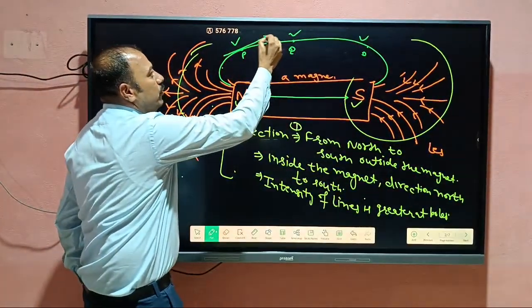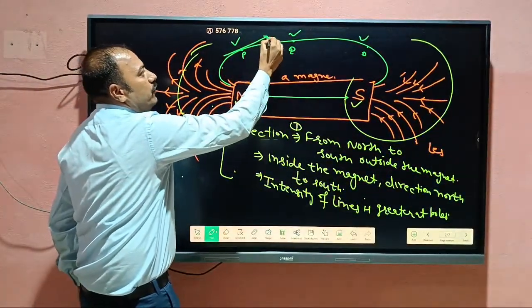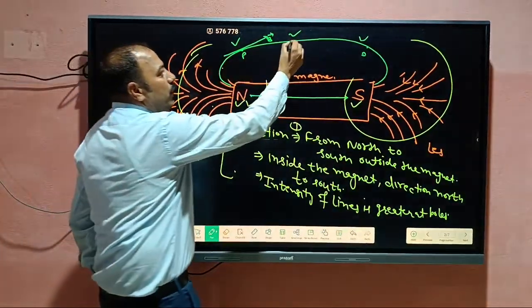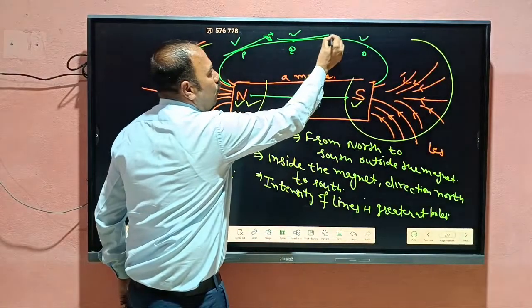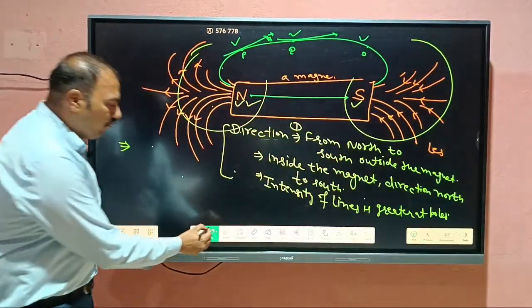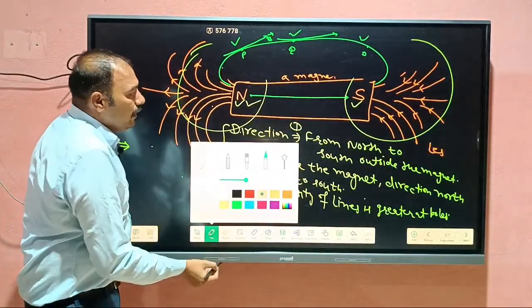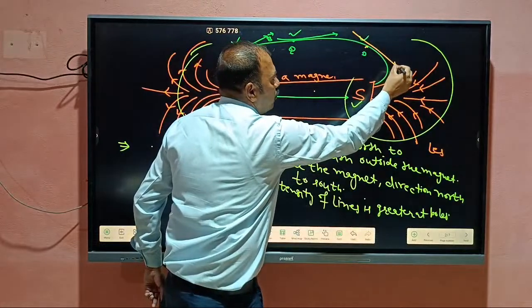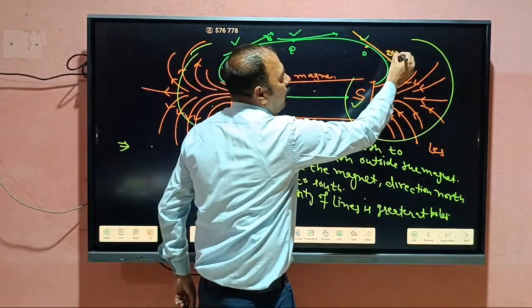This is the tangent, and B is the magnetic field, and it gives the direction. If we draw a tangent here, this gives the direction of the magnetic field. At another point like this, if we draw a tangent, this is the direction of the magnetic field.